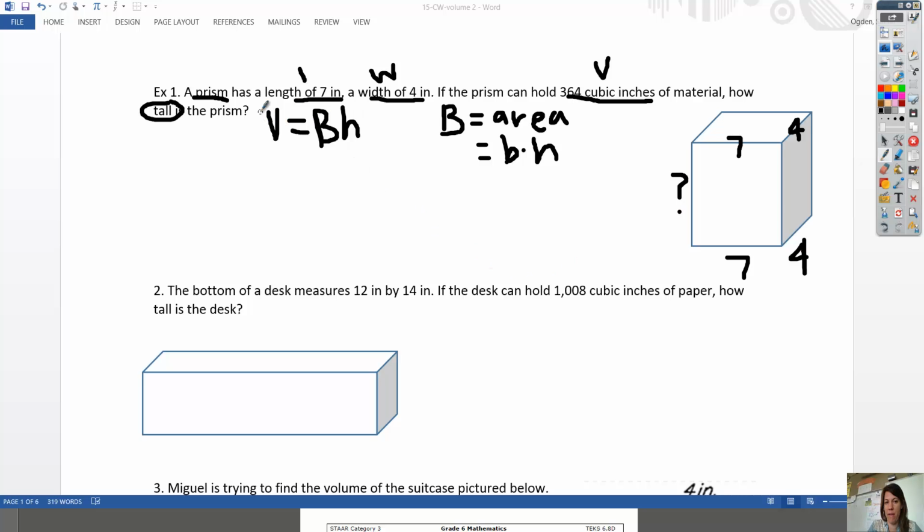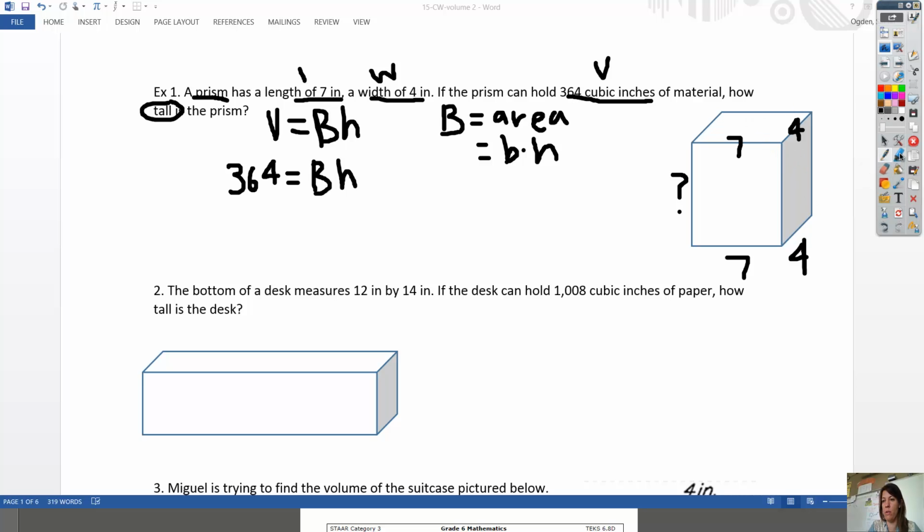I'm going to fill in the parts of my formula that I know. 364 is the volume, so 364 equals the area of my base times my height. To find the area of the base, when we find volume we can pick any base we want: the front, the top, or this side.